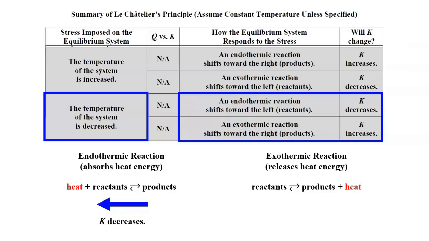If instead you have an exothermic reaction which releases heat energy, if you lower the temperature of the system, it's like you're removing heat energy. An exothermic reaction will shift toward the right, toward the products, and as a result, the value of K increases.